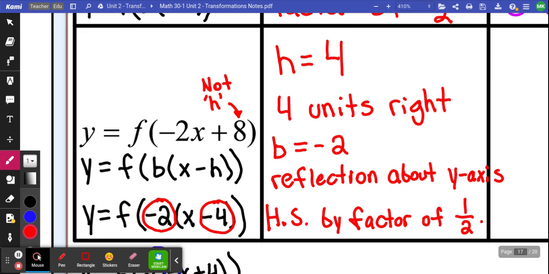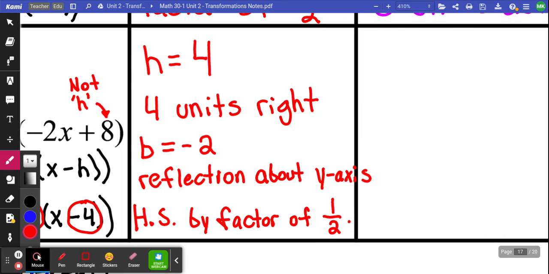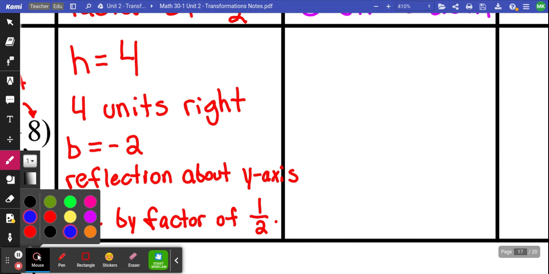Awesome. My vertical effects. What vertical effects happen on this question? No vertical effects. Perfect.